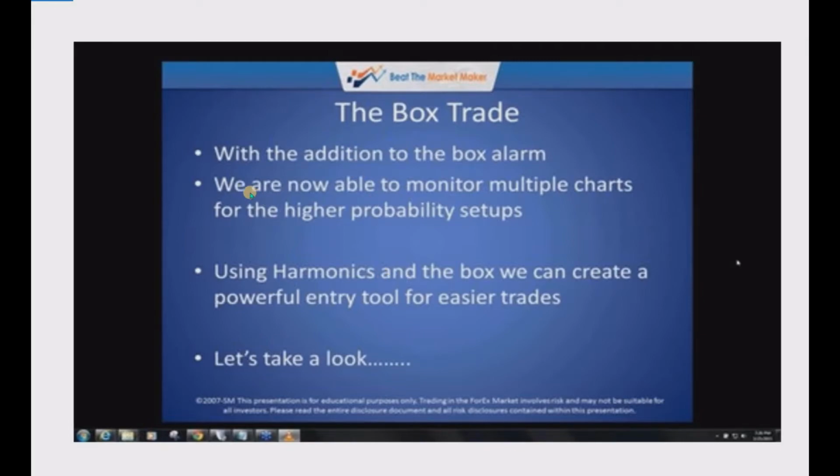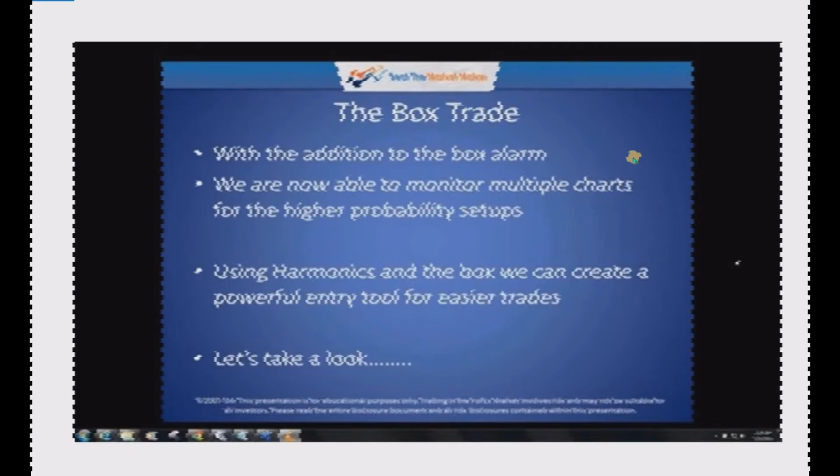I don't use that, but we are able to monitor multiple charts for higher probability setups, just like with fractional disparity. But another indicator that they're going to be using is the harmonics, the ZUP indicator, and the box. We can create a powerful entry tool for easier trades. So let's take a look. This is very simple.